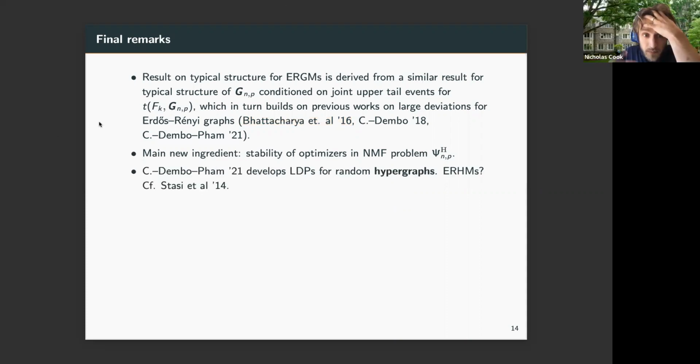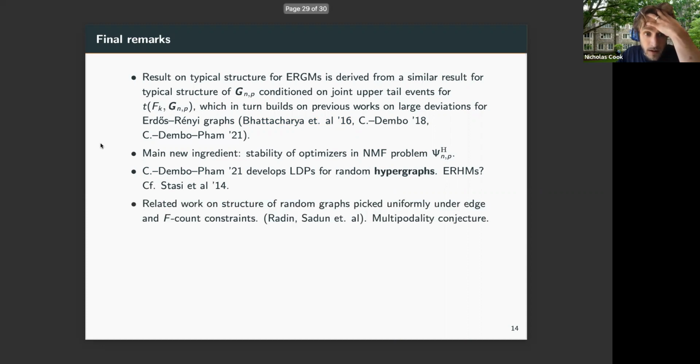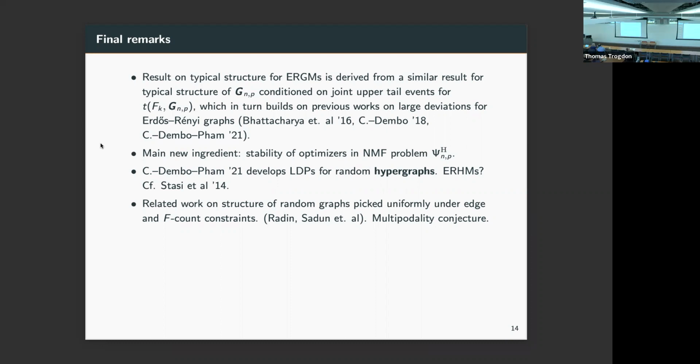Okay, we could extend all of this to hypergraphs, and there's been a little bit of work in the social sciences on this, so that could be an interesting direction. There's been related work on the structure of graphs, not in this grand canonical ensemble setup that we have, but in the canonical ensemble where you actually pick a graph uniformly under a hard constraint on counts of edges in a graph.